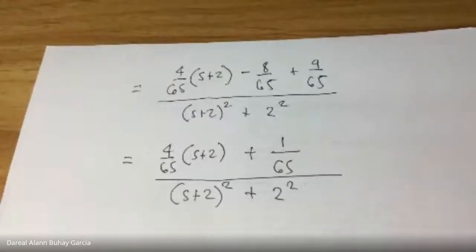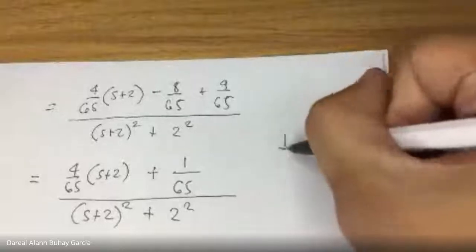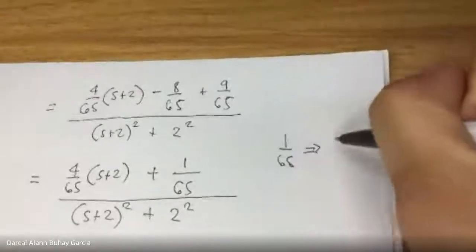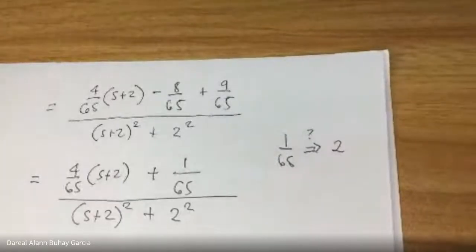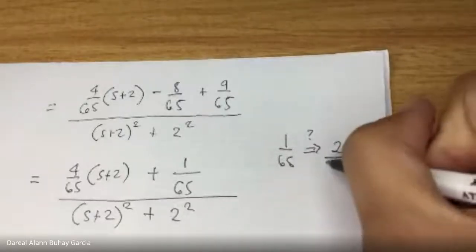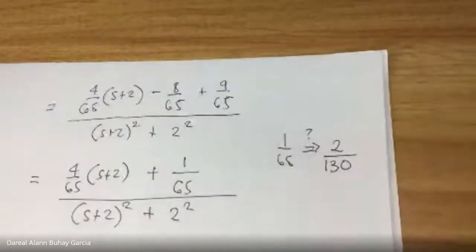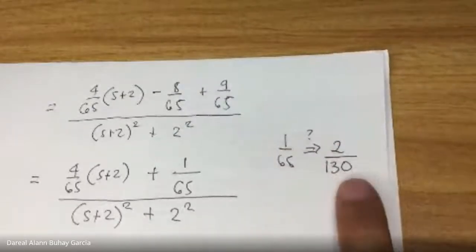So how will we convert 1 over 65 to 2? 1 over 65 is equal to 2 over 130.